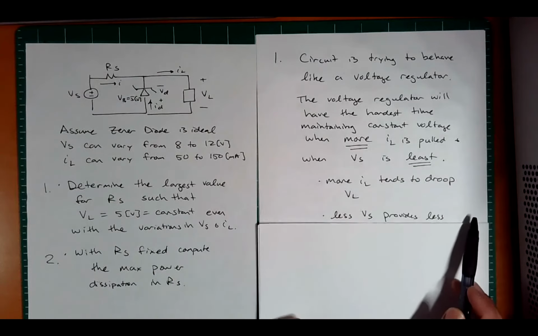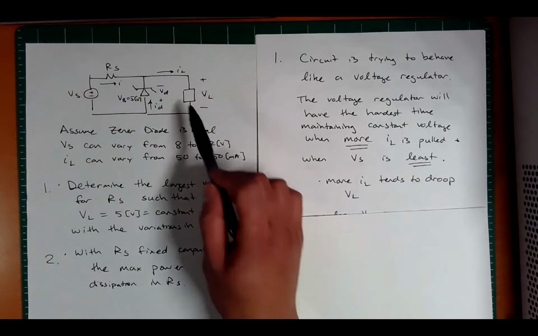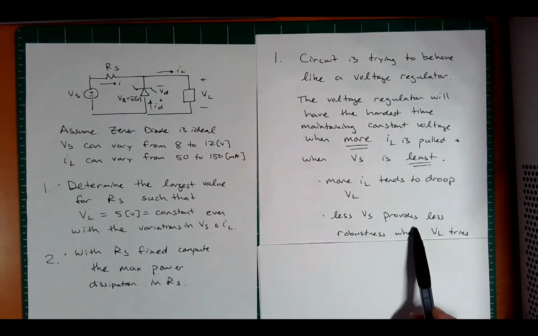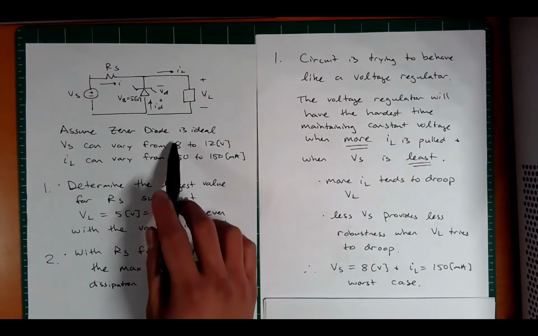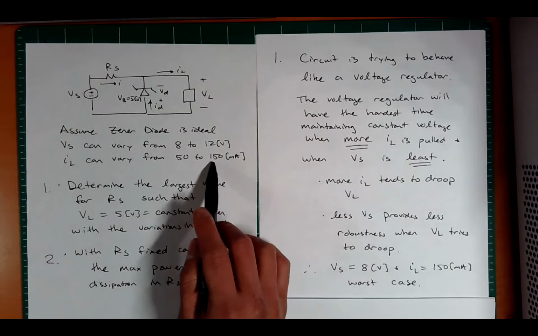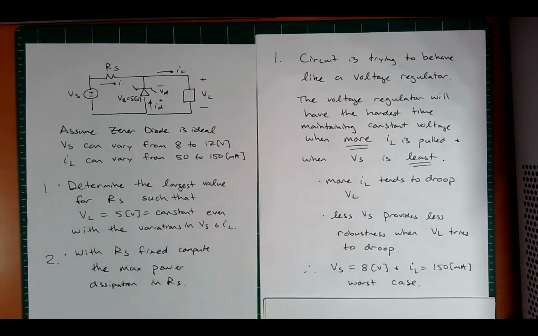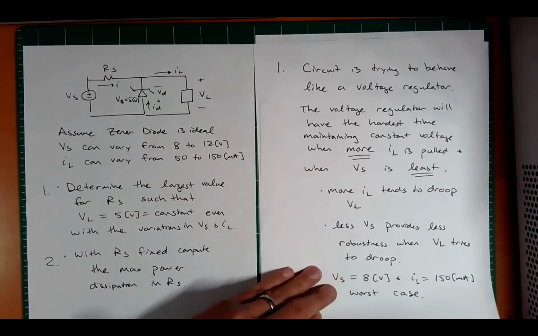So just from your physical intuition, you could reason that more IL is going to tend to droop this VL, and less VS over here is going to provide less robustness when VL tries to droop. Okay, so that means 8 volts and 150 milliamps are going to be our worst case scenario. All right, so we're going to save these two. These are your worst case parameters for when you're varying.